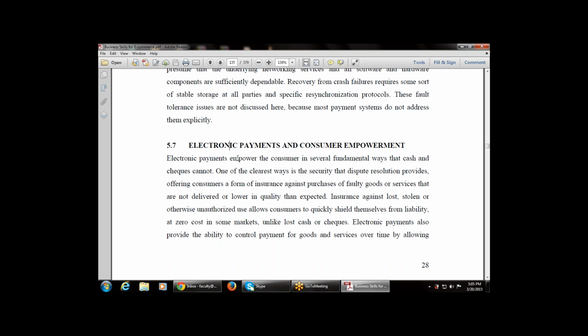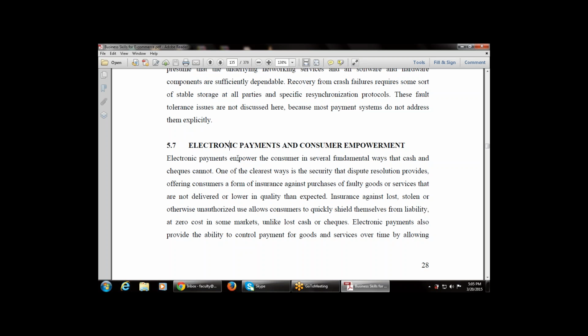If there is a wrong resolution process, for example, resolution about sales service, that is also very weak and not secure; that is a faulty or fake resolution. A proper one offers consumers a form of insurance against purchases of faulty goods or services.